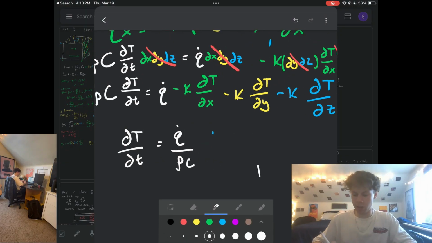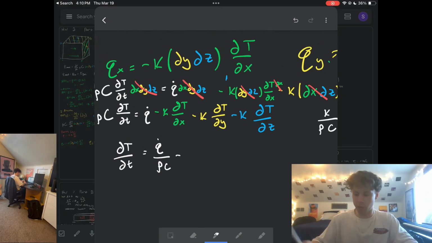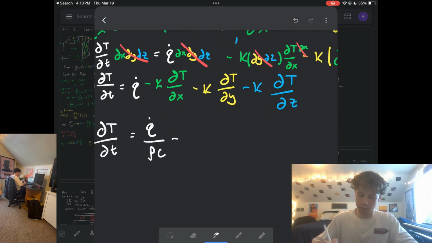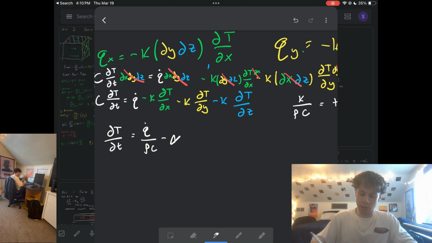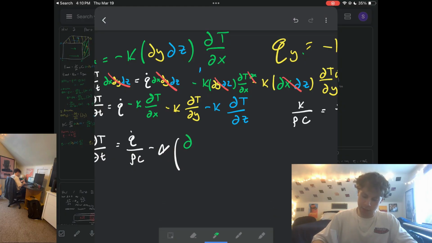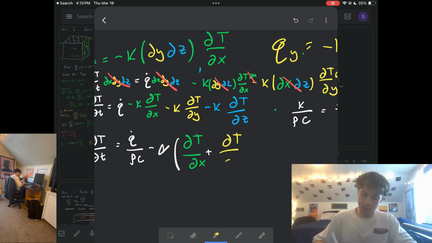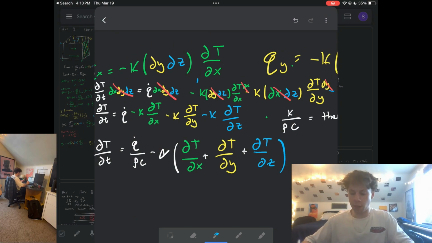And we can also bring out this term throughout for the whole equation. So we'll just call it alpha for simplicity. We'll get our alpha times temperature gradient in the x direction plus temperature gradient in the y direction plus temperature gradient in the z direction.